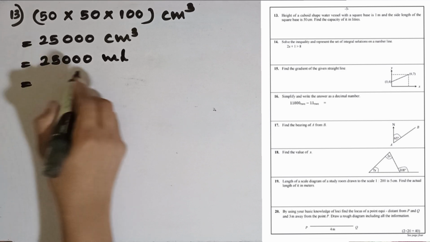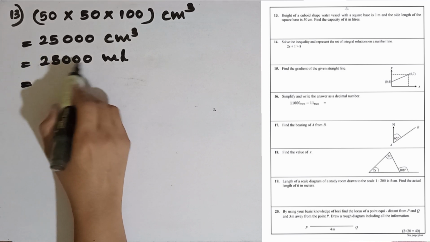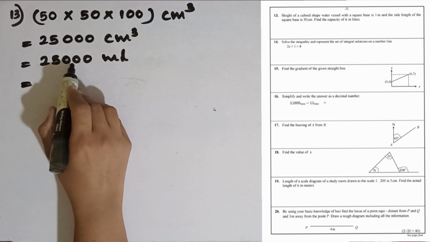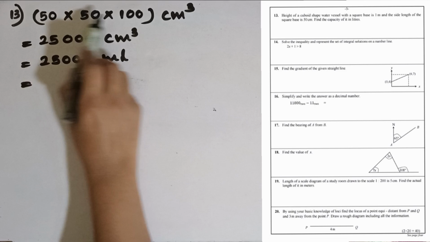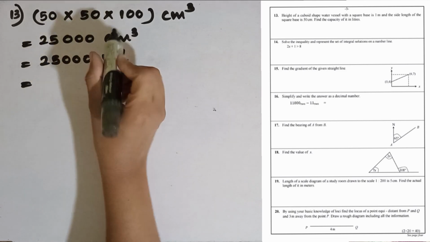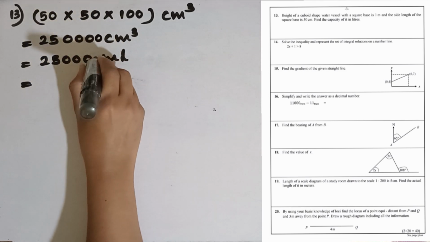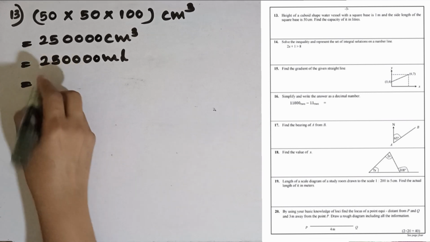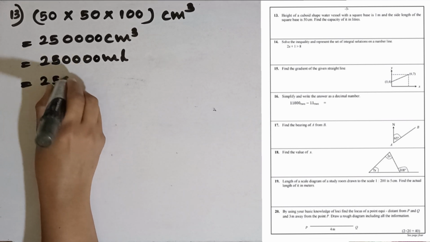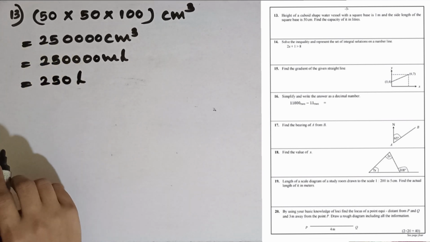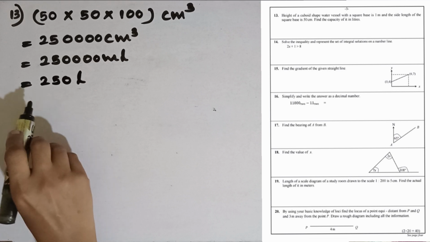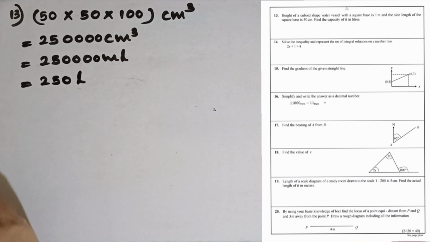So this can be converted to liters by dividing by 1000. Here I have made a mistake, 4 zeros, so another zero should be written here. Then the answer is 250 liters. This is the capacity of the vessel in liters.